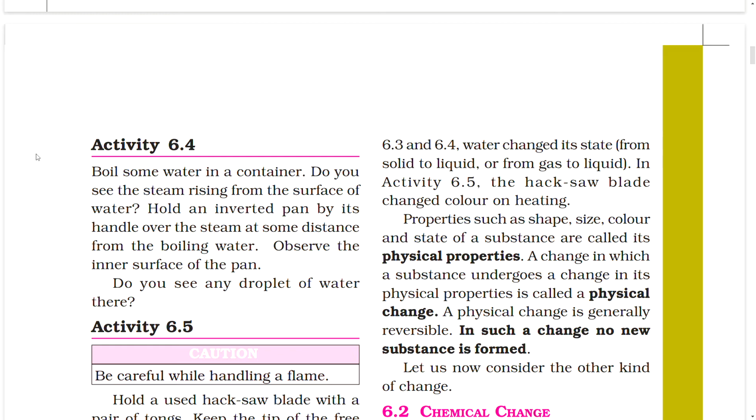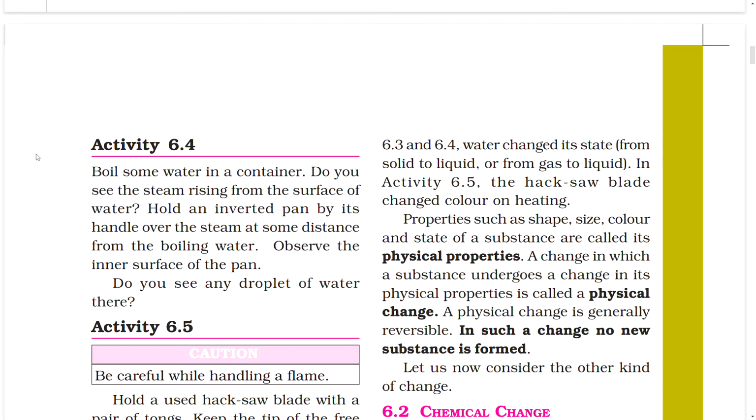Properties such as shape, size, color and state of a substance are called its physical properties. A change in which a substance undergoes a change in its physical properties is called a physical change. A physical change is generally reversible. In such a change, no new substance is formed.